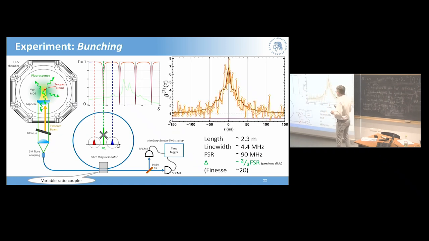Okay, and so here we see a G2 function which goes up to 7 here. So the probability for having a second photon detected, provided that the first one has just been detected, is 7 times higher than for uncorrelated photons. Okay, so we do see bunching. So let me wrap up.